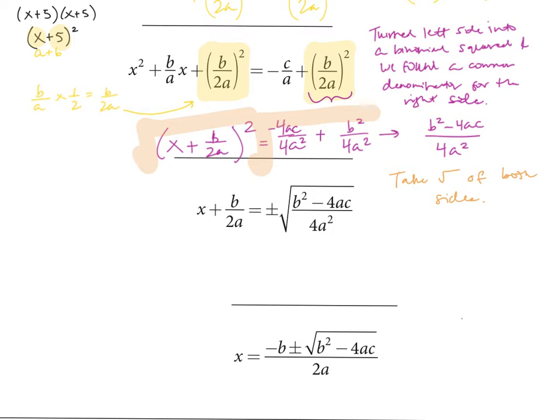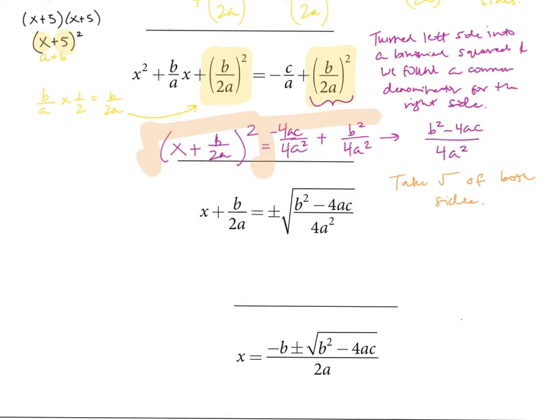Now, the cool thing is, we're almost on the way to getting x by itself. Let's try to simplify this a little bit here. So let me try to rewrite this as the square root of b squared minus 4ac, and I'm going to put it over the square root of 4a squared.